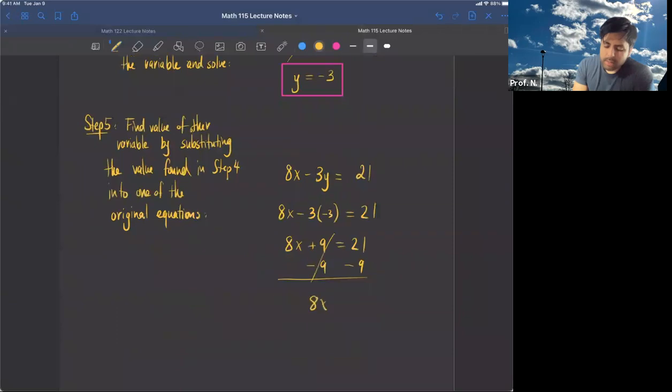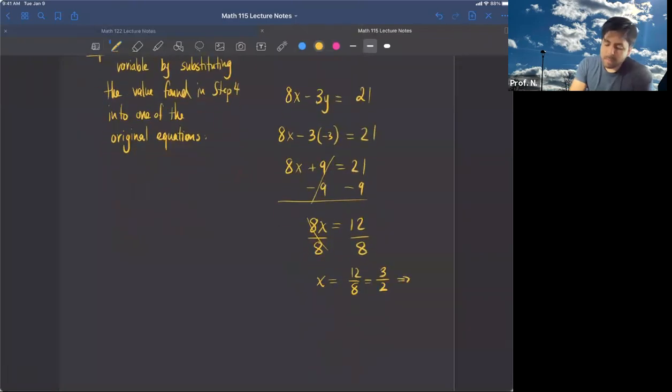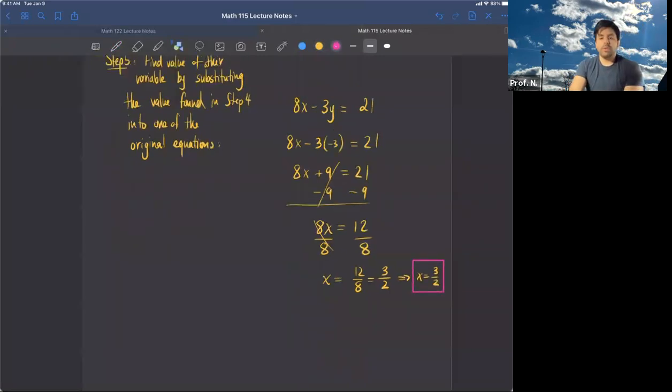I get that 8x equals 12. Divide by 8, divide by 8. And what do I get? I get x equals 12 over 8. And if you reduce this, you divide by 4, you get 3 halves. So x equals 3 halves.